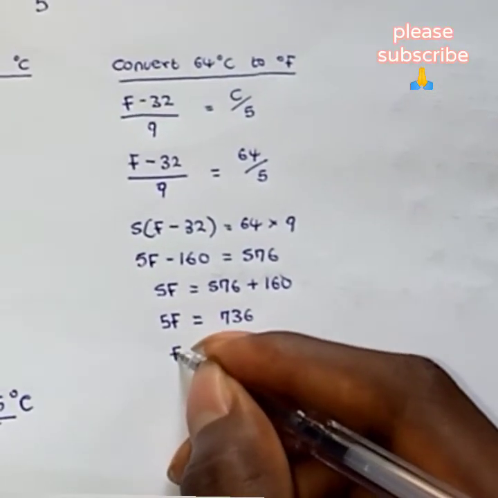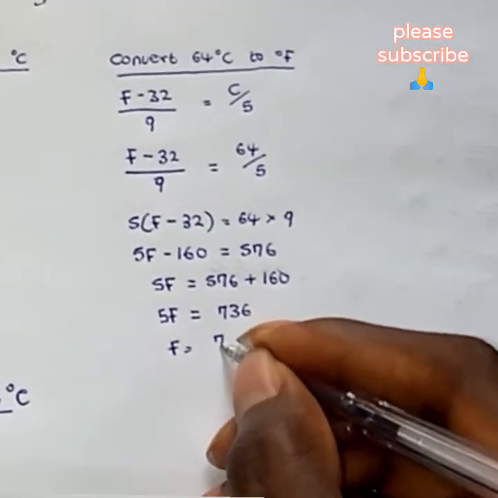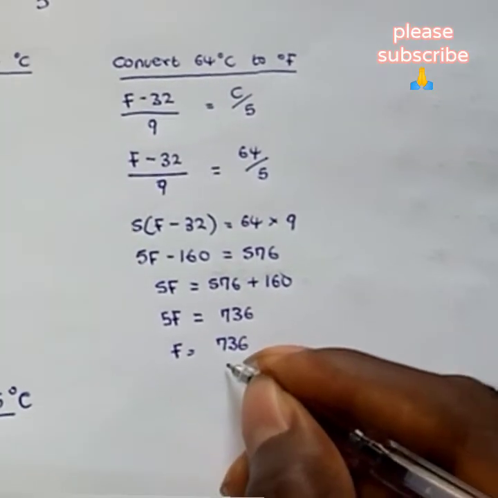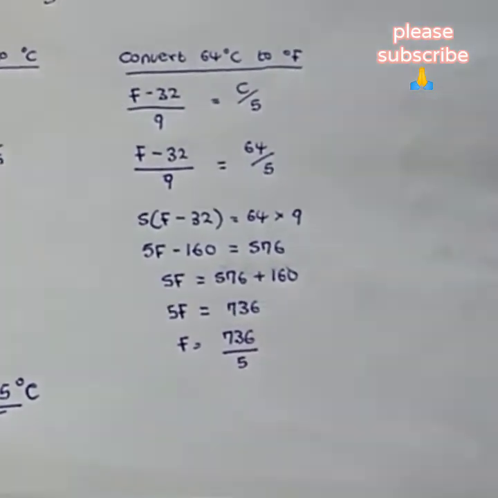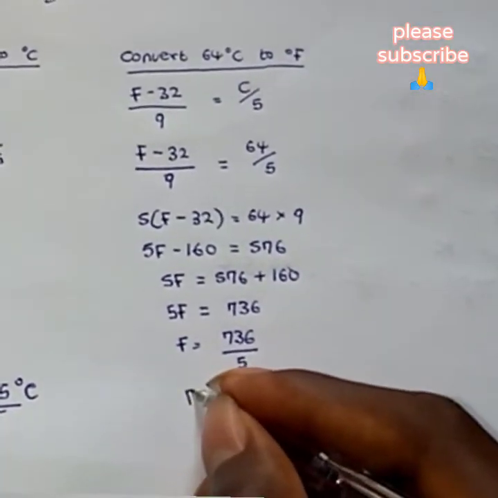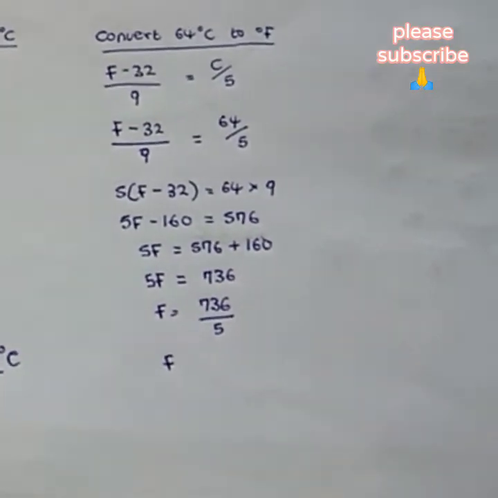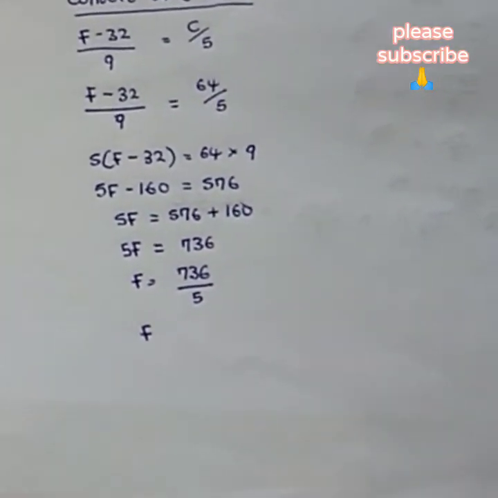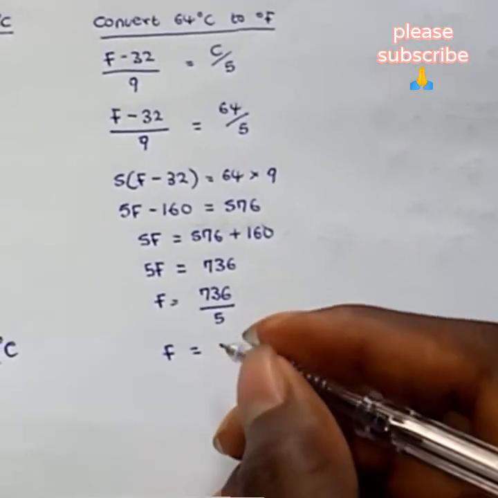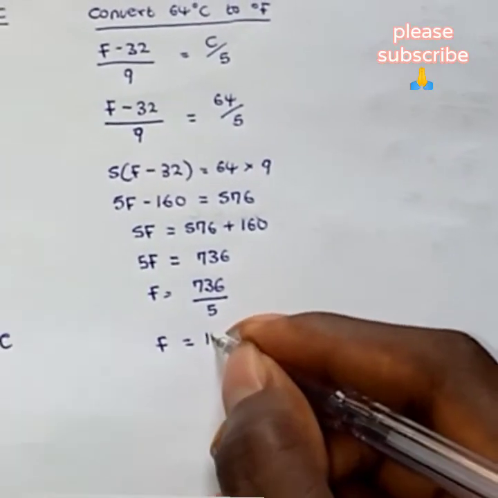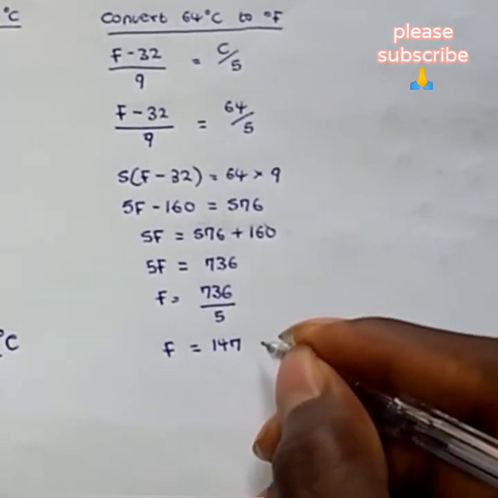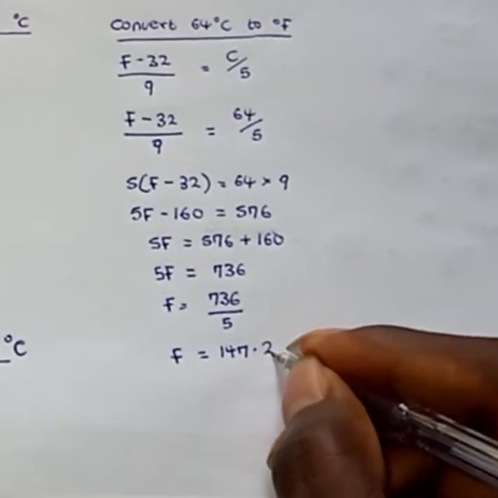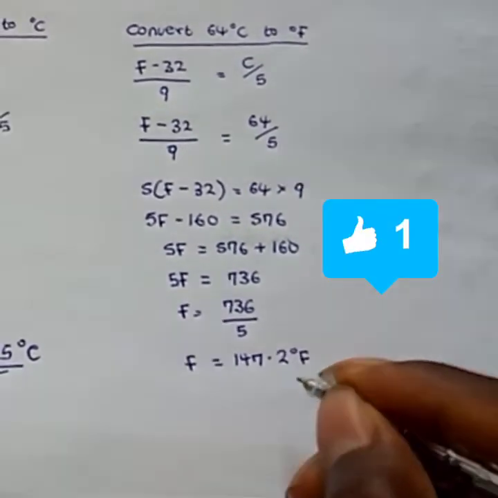Therefore Fahrenheit equals 736/5. So let's make use of our calculator. So equal to 147.2 degrees Fahrenheit.